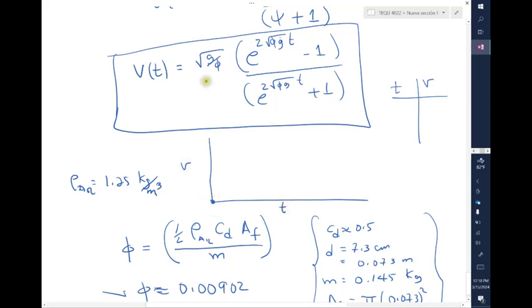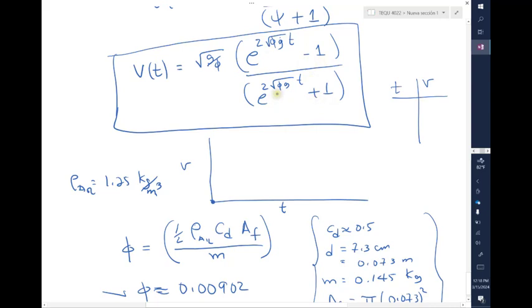Yeah, perfect. Now, at infinite time, when t goes to infinity, that means that as t gets larger and larger, this minus 1 or this plus 1, nobody cares about them anymore.